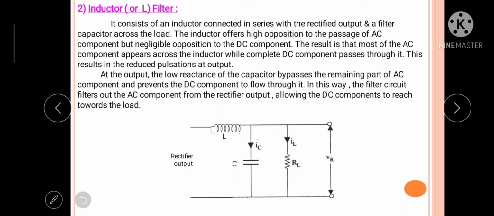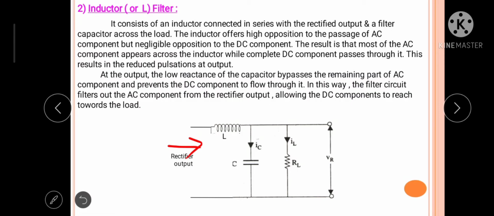At the output, the low reactance of the capacitor bypasses the remaining part of the AC component and prevents the DC component from flowing through it. In this way, the filter circuit filters out the AC component from the rectifier output, allowing the DC components to reach the load. In short, the rectified output is connected to the input side of this filter.